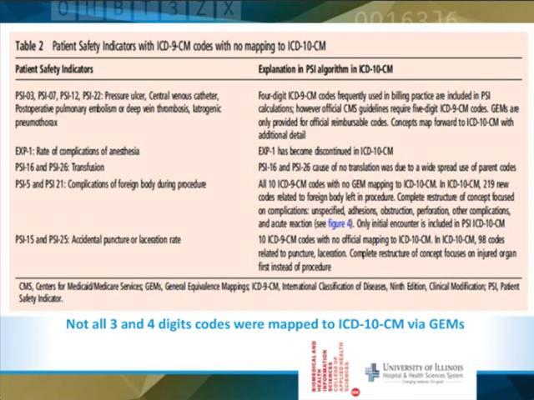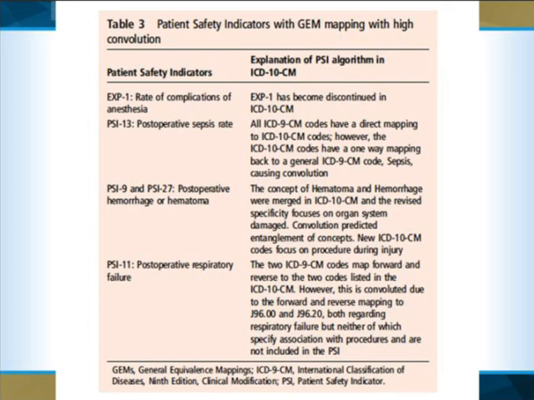But when you're actually running the reports, that increased detail may or may not be properly encoded in ICD-10, which could cause changes in patient safety reporting. So we took this concept of convoluted individual codes that are well entangled, sort of like a spider web. And so EXP1, as we said before, has been discontinued in ICD-10.